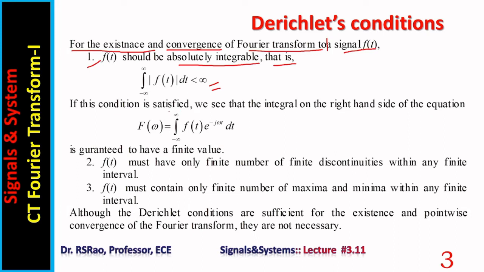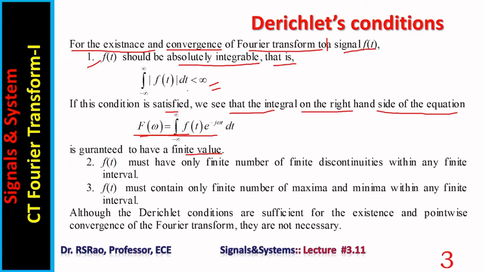If this condition is satisfied, we see that the integral on the right hand side of the equation, this is the defining relation of Fourier transform, F of omega equal to integral minus infinity to plus infinity f of t e power minus j omega t dt, is guaranteed to have a finite value.